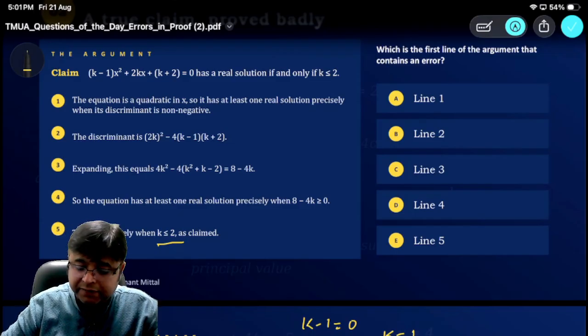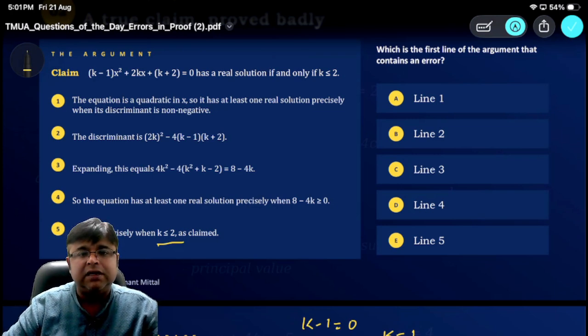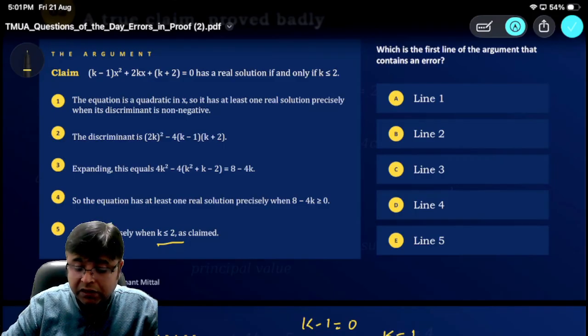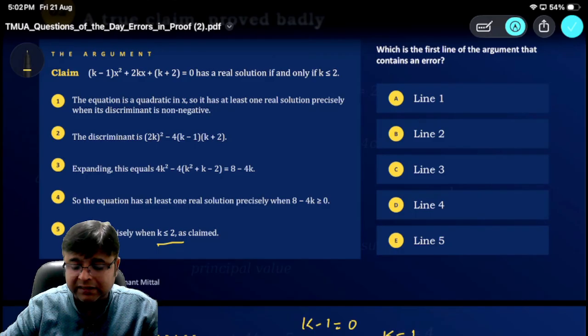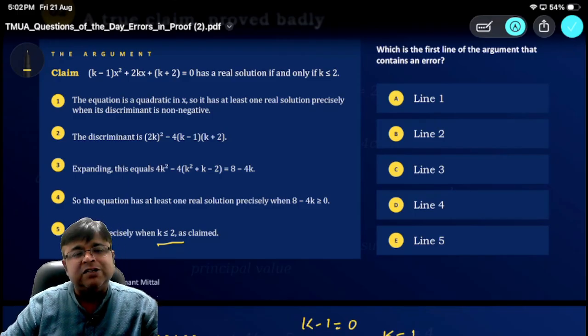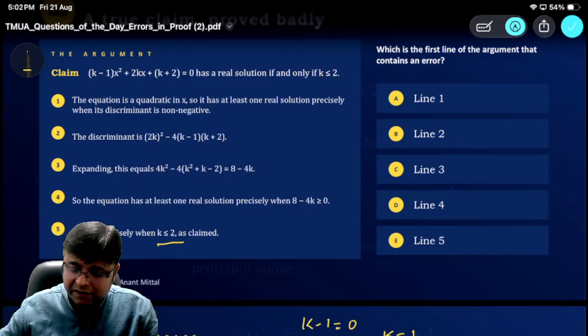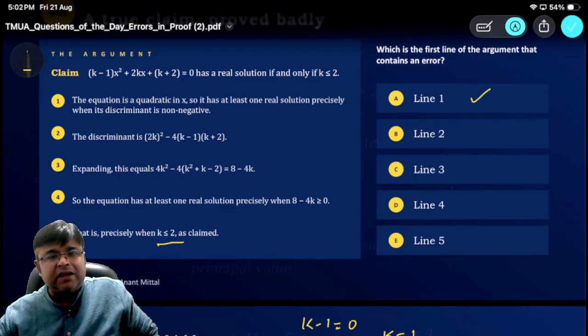So the first line should have addressed that the equation is a quadratic if k minus 1 is not 0. This is essential, right? If we do not address this, then saying that this is a quadratic is not the right thing to do. Okay. So that's all for the day. The error lies in the first line itself, right?